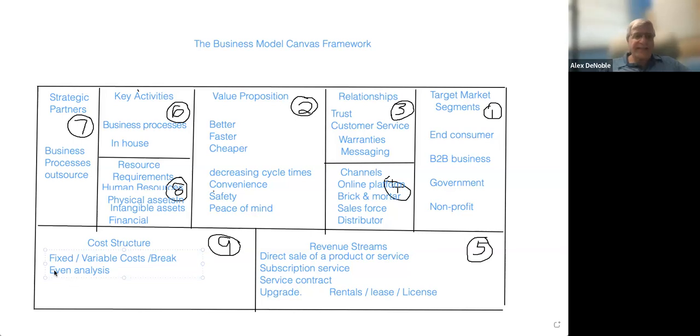Another thing to consider with respect to your cost structure is what I'll call one time versus recurring.